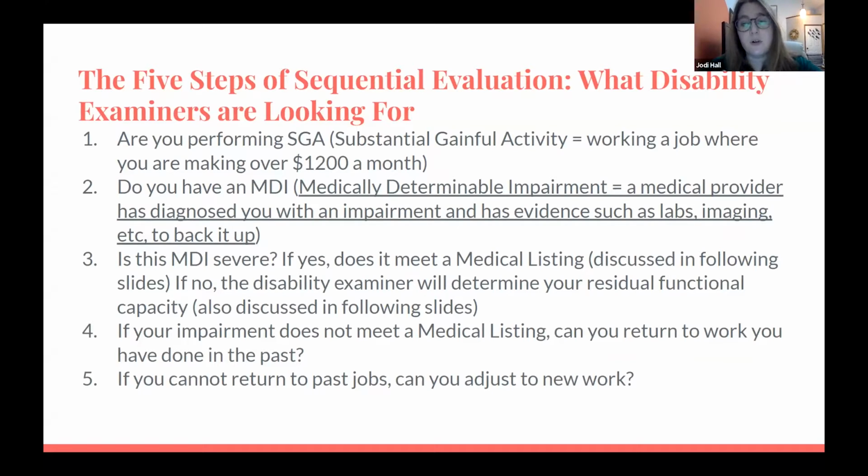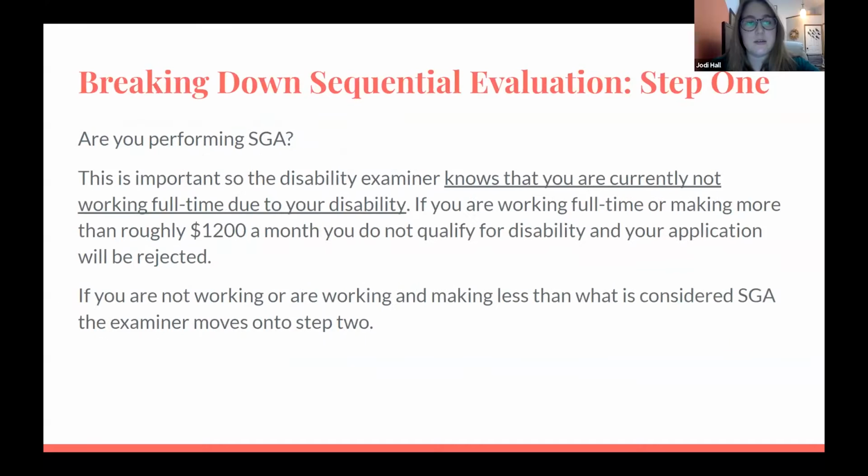But there are also several other body systems that you're eligible to get disability under, and I'll go through those here in a moment. And then the fifth one is, if you can't return to the jobs you have done in the past, can you adjust to new work? This is where it gets a little bit tricky and where your work history will come into play, and I will get to that in the following slides.